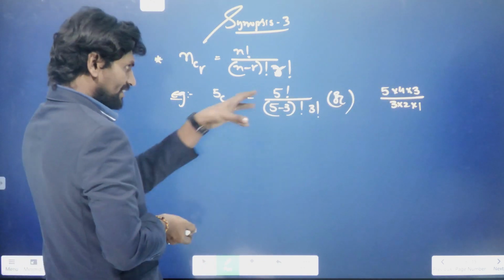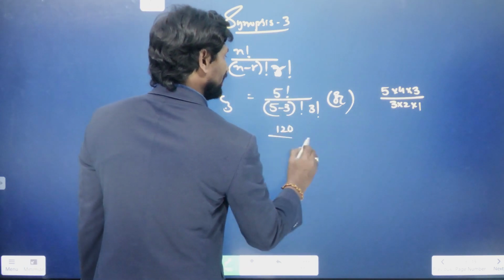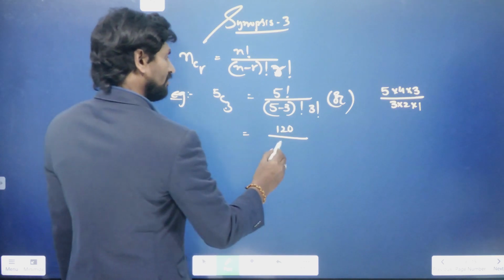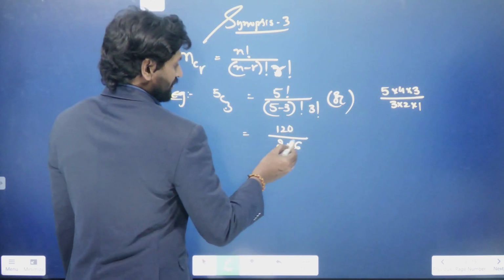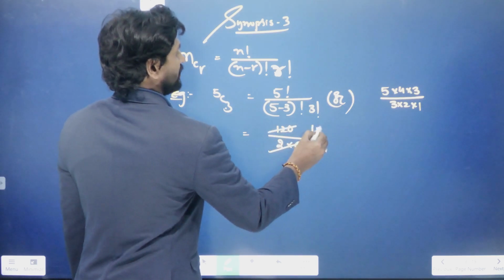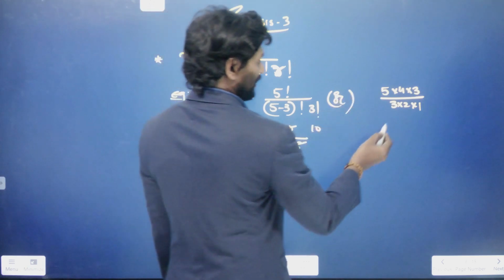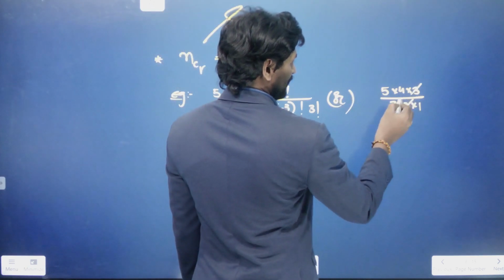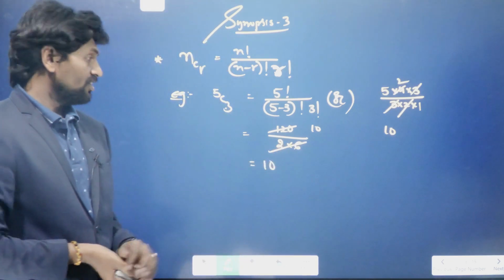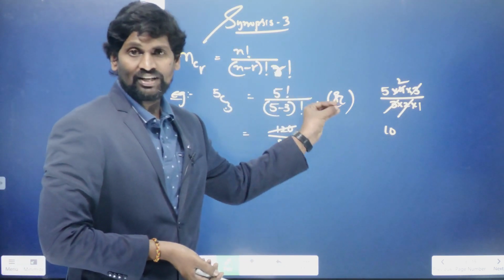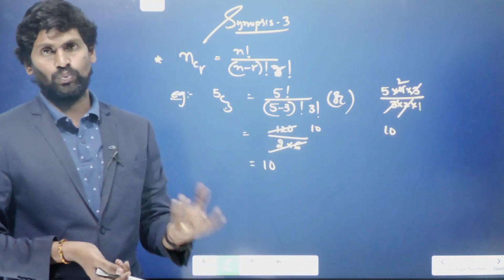Let us check whether both give the same answer. 5 factorial value is 120, 5 minus 3 is 2 factorial, value 2, 3 factorial value is 6. So 6 twos are 12, and 120 by 12 is 10. 5C3 value is 10. Let us check here. 3 cancels, 2 twos, 5 twos are 10. So both give the same answer. So every time, instead of applying the formula like this, we can write it in an easy manner like 5 4 3 by 3 2 1.